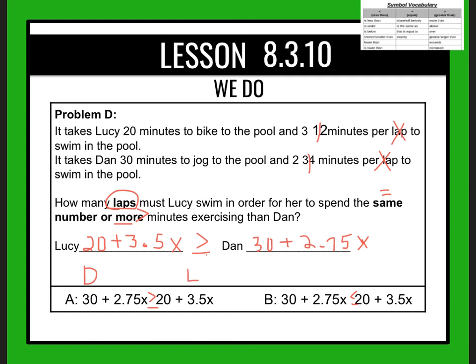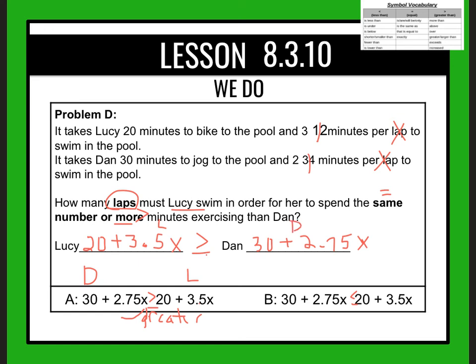Dan should be 30 plus 2.75x, and 20 plus 3.5x. Okay, so their expressions are correct, but here it says that we're looking to see when Dan is greater than or equal to. So I'm not sure I'm agreeing to that, because this one said we're going to compare when Lucy is greater than or equal to. And this is Lucy and this is Dan.